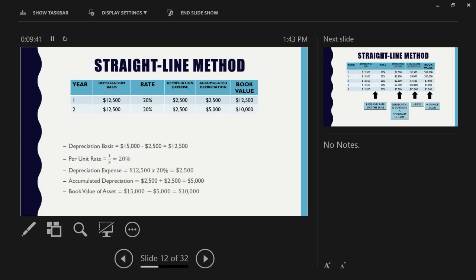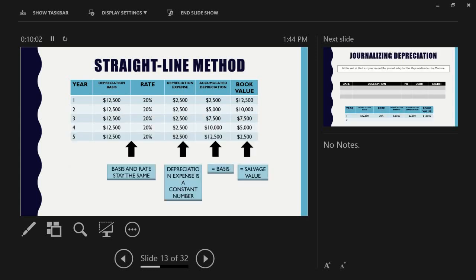As you can see, do you see a trend here? The rate's the same. What else is the same? The depreciation basis. And what else is the same? The depreciation expense. That is correct.